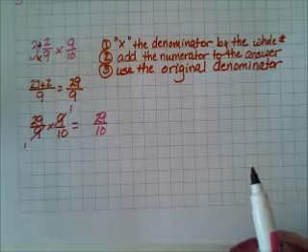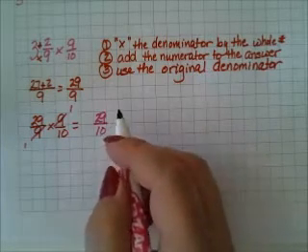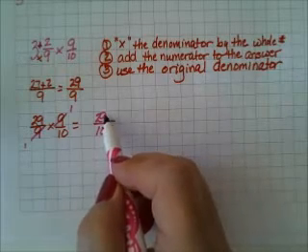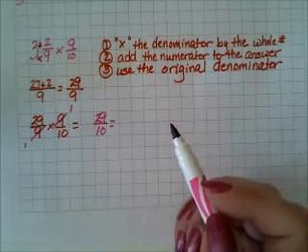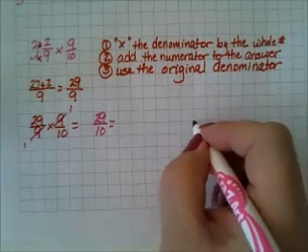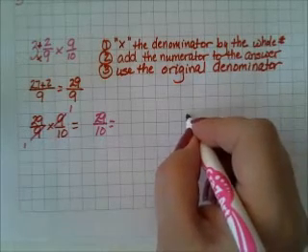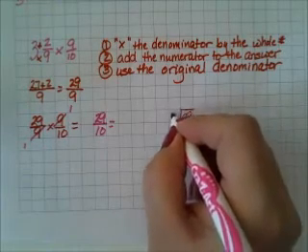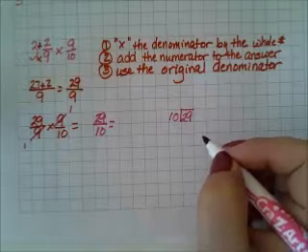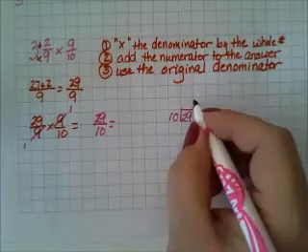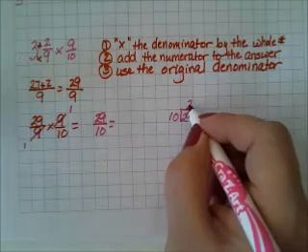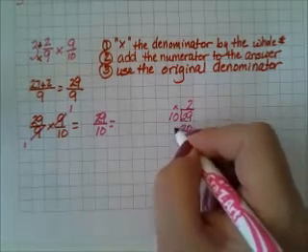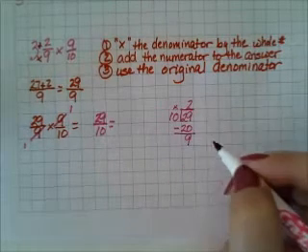But again, we need to simplify that and change it to a mixed number. So it's 29 divided by 10, right? Remember, we're thinking this in our head. 10 goes into 29 how many times? 2, and 2 times 10 is 20. When we subtract that, we have 9 left over.